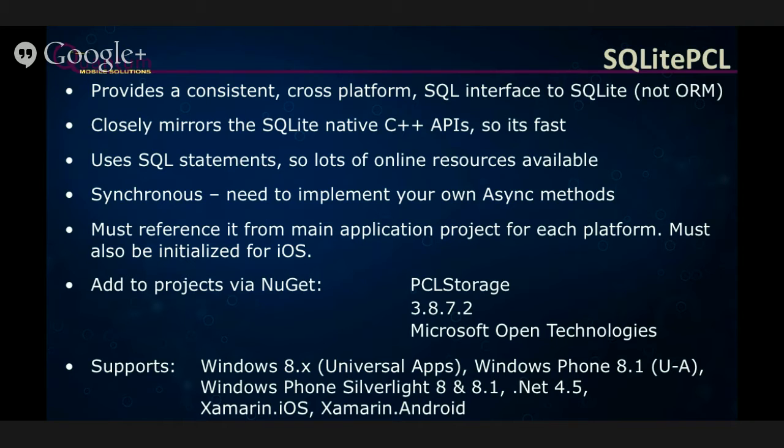That's not necessarily available if you're using an ORM-based approach. It also closely mirrors the SQLite native C++ API, so it's very, very fast. However, because of that, there are one or two things that aren't completely obvious at first, unless you've actually used SQLite using C++.